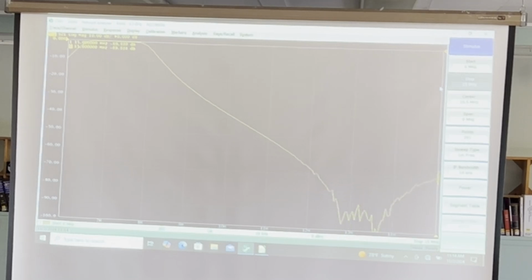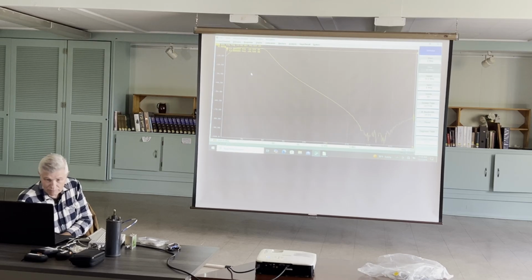So at 7 megahertz, okay, and down at 15 megahertz, it's got about 70 dB of attenuation. Not bad. Now I can move the markers around here. I can put them where I want to put them, but anyway, this is indeed a bandpass filter.